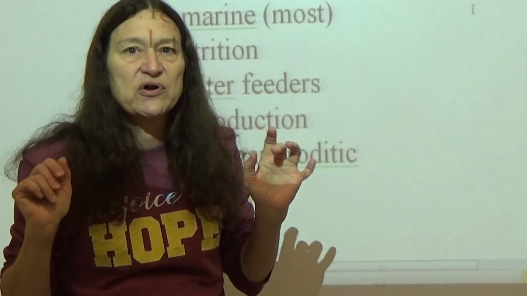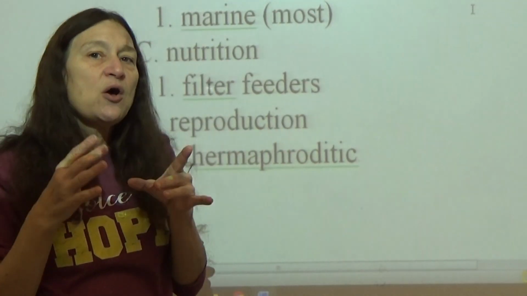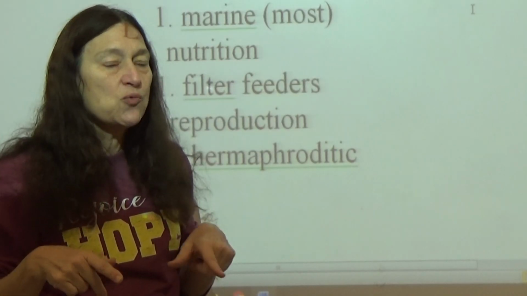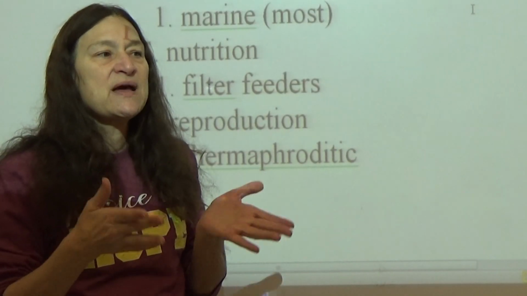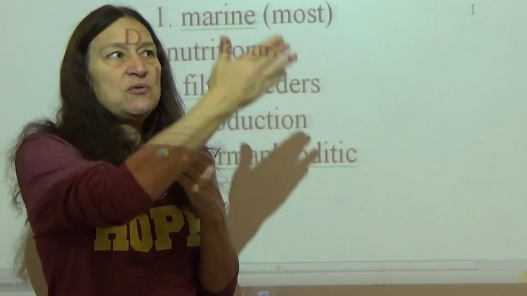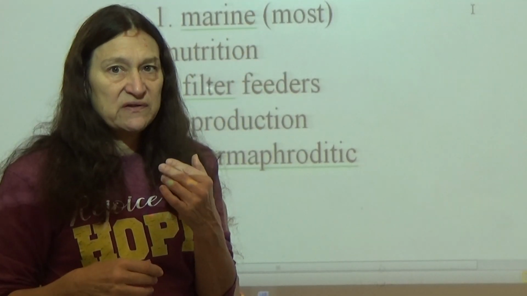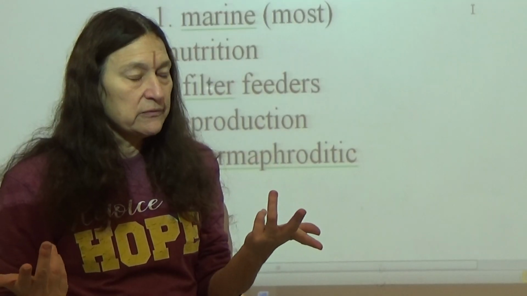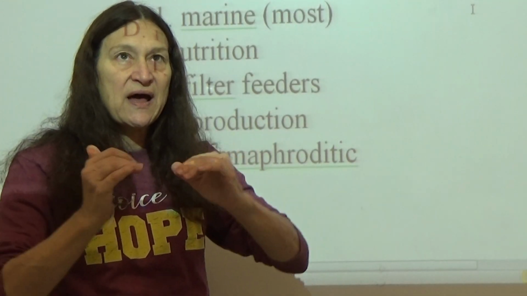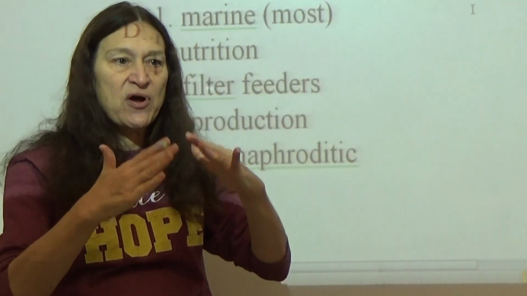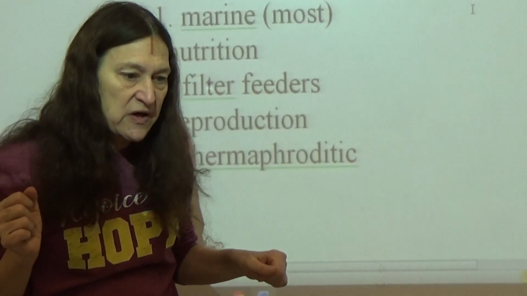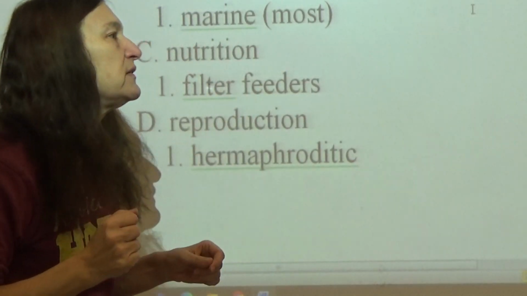It helps to move the water out, but it also helps to catch any little food particles that are in the water. And then that passes to the amoebocytes, which then pass food to the rest of the sponge. Pretty cool. So water in through pores, out the osculum, and in that process the amoebocytes grab the food out of the water to feed the sponge.